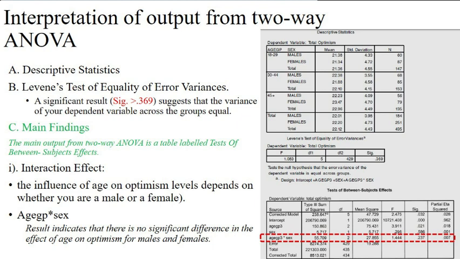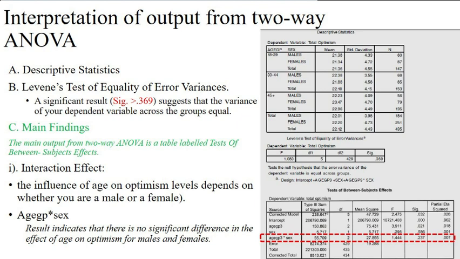If the Levene's test value is significant, it means our data does not have homogeneity of variance, or does not assume equal variance. In our case, the Levene's test value is insignificant, which is 0.369, obviously greater than 0.05. It shows that our data assumes equality of error variance. So now let's move forward. If the diagnostic test is okay, then we can go toward the main findings.